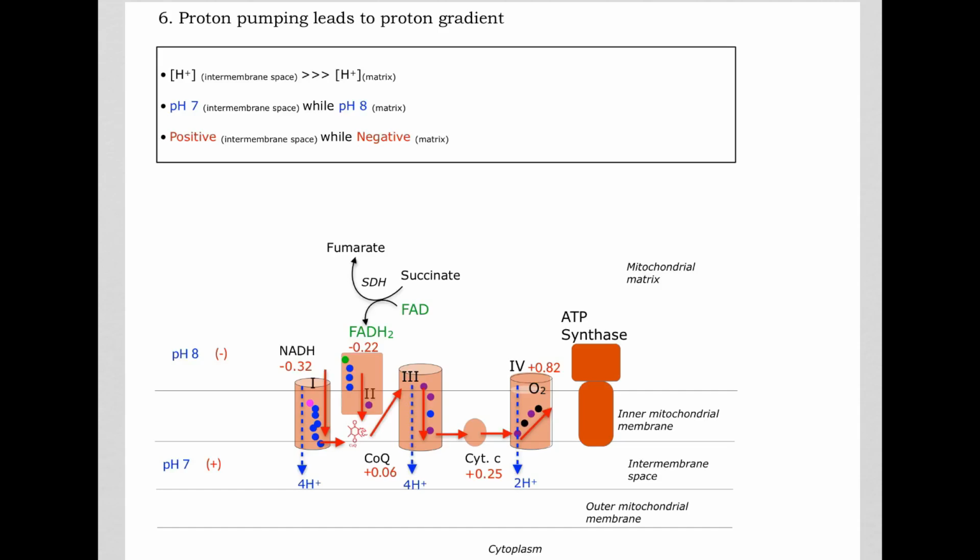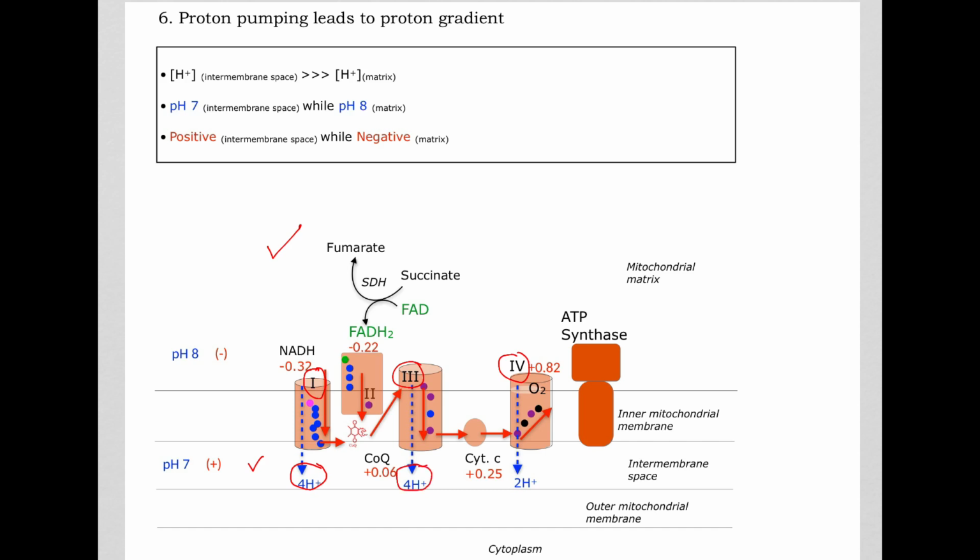Okay, so to summarize, complex 1, complex 3, and complex 4 pump protons from the matrix into the intermembrane space.